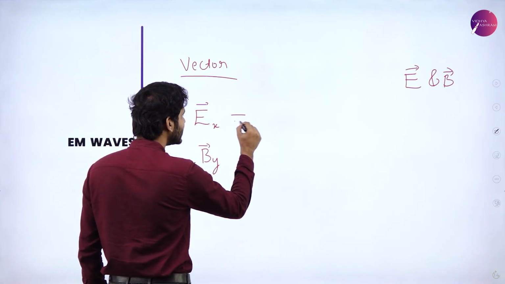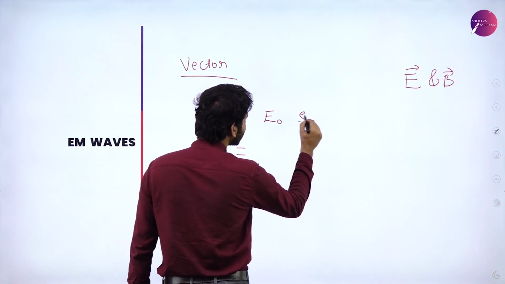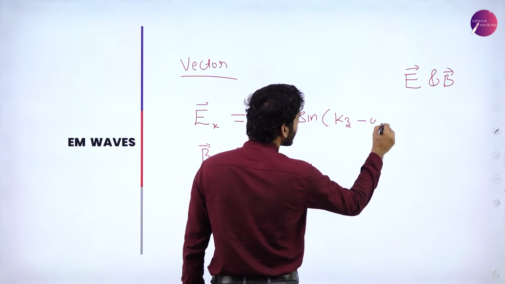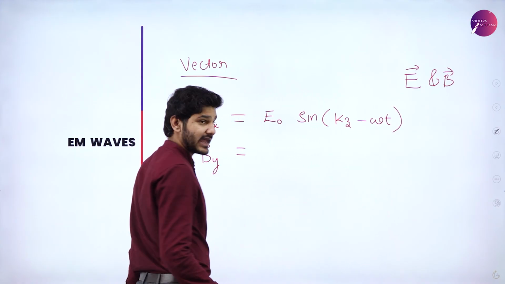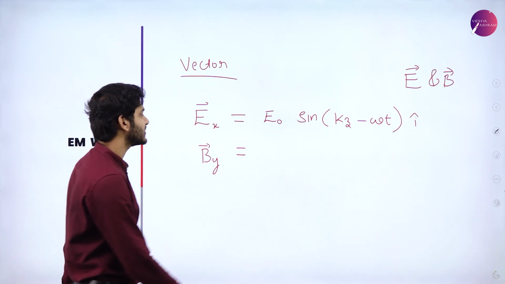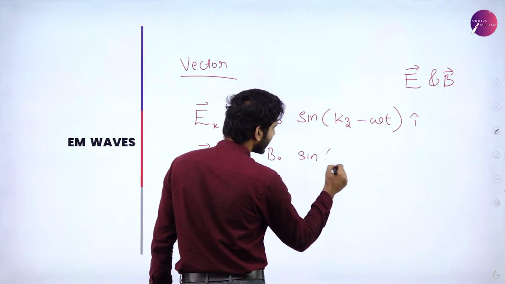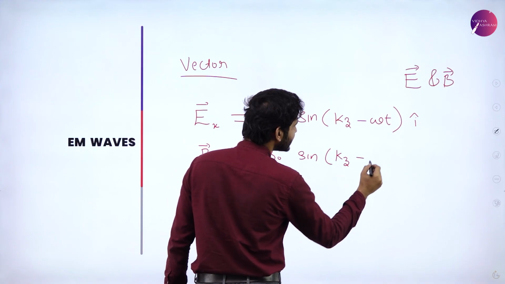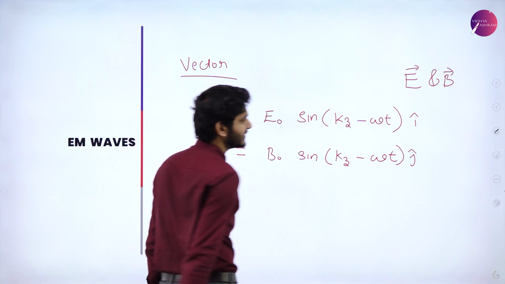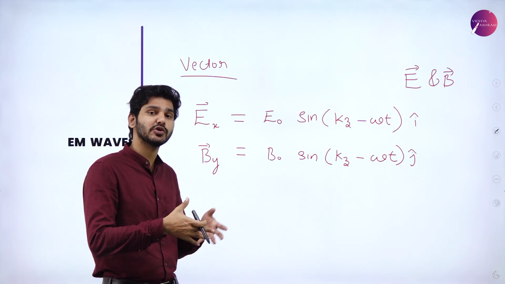We can represent these as E naught sine(kz minus omega t) in the x direction, which we indicate using i cap, and similarly B naught sine(kz minus omega t) in the y direction, j cap. So this is the general vector representation of an electromagnetic wave.